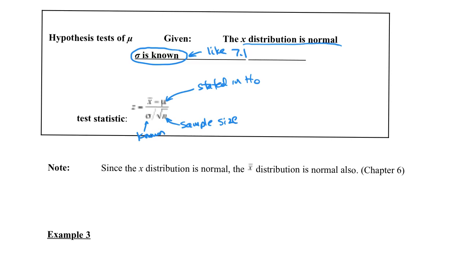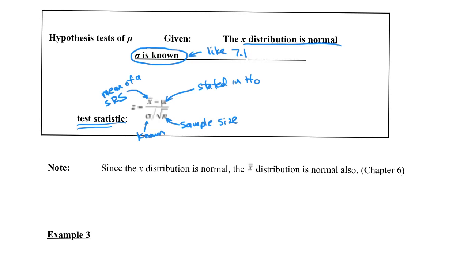In 8.2, it won't be known, just like in 7.2. And then this X bar is going to be the mean of our sample, the mean of a simple random sample. And then the test statistic is just going to be a z-score. So basically we're finding the z-score of our sample mean. That's what we've got right here.